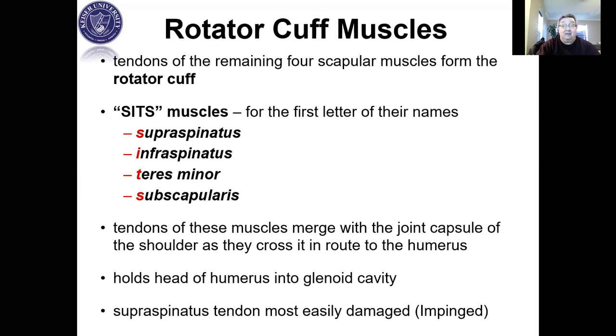Like I said the other day when we talked about an impingement, the supraspinatus muscle of these four is the most easily and the most damaged muscle because it can be impinged. And it's something you will learn in kinesiology, and I kind of showed it to you the other day.